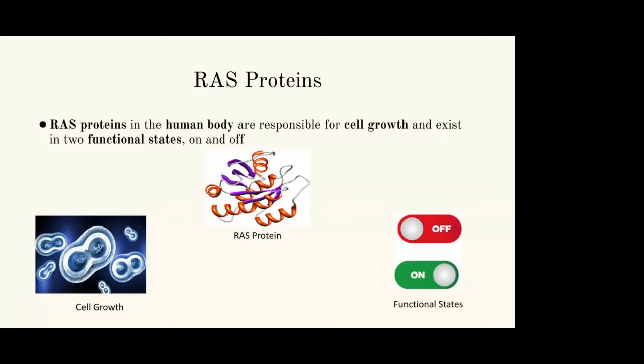The middle diagram that you see on the screen is a ribbon diagram of the RAS protein. In this research, it was important to get the ribbon diagram, and I'll explain more later how we use that.